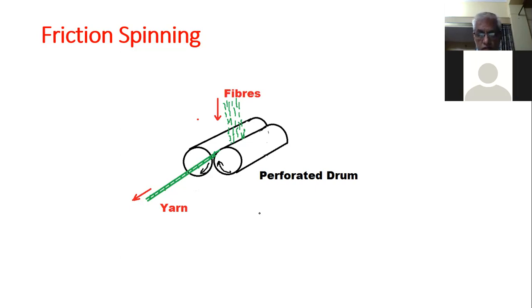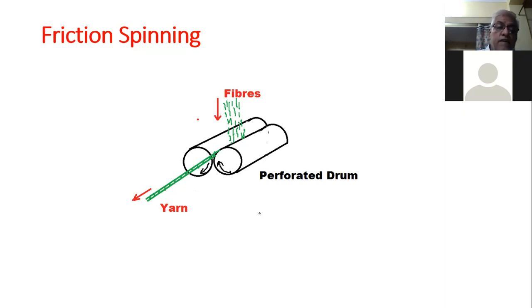So the open yarn takes the fibers which are coming, and in this case the twisting is done with a different principle.